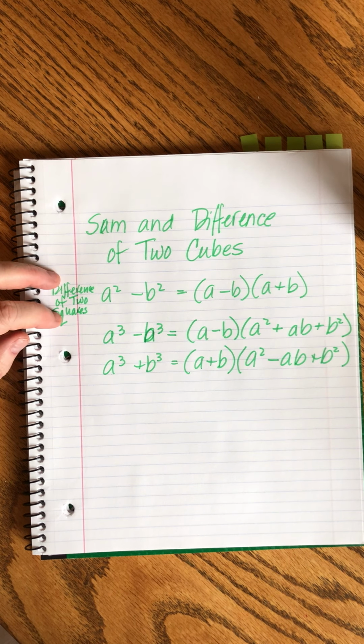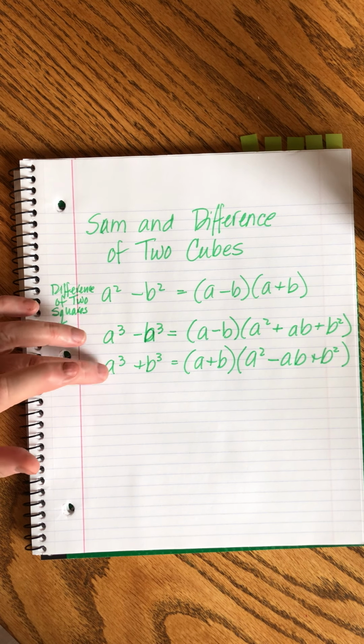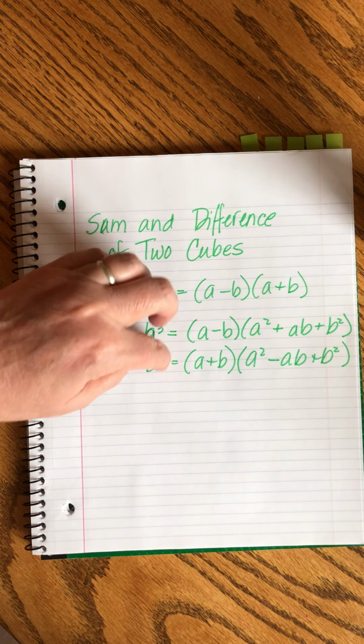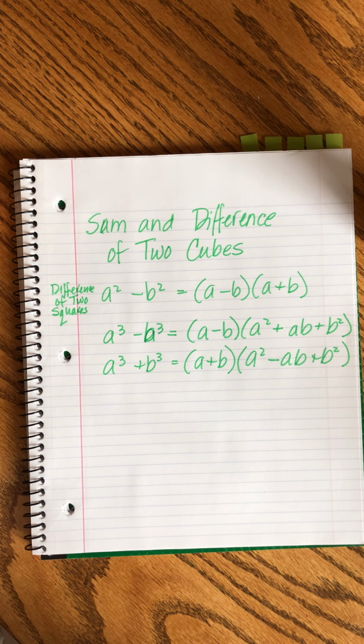Okay, the difference of two squares is here just to remind you that that exists. These are the sum and the difference of two cubes because they're to the third power.